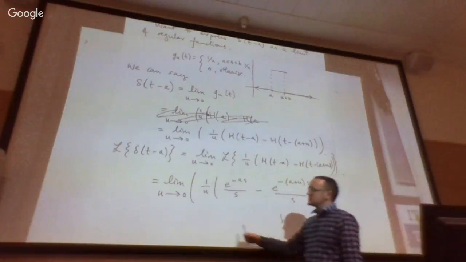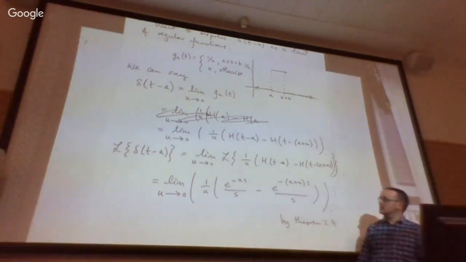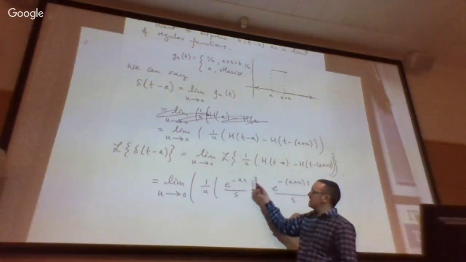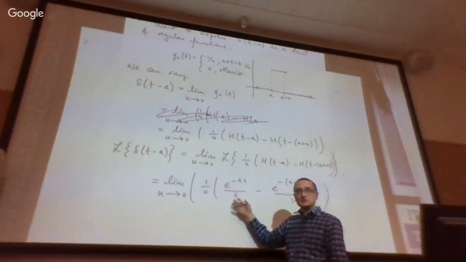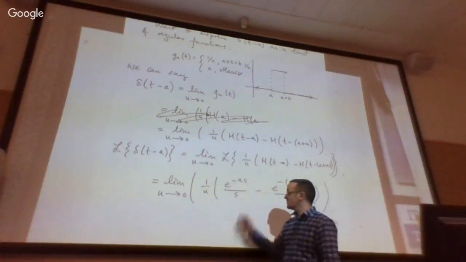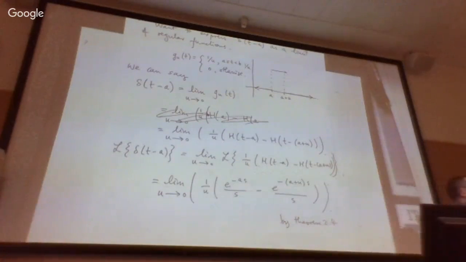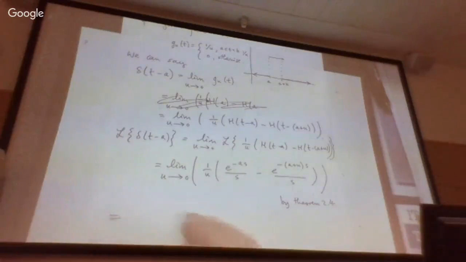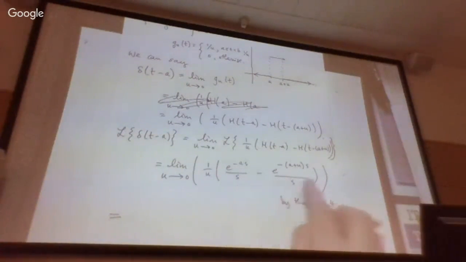But now we're faced with this limiting process of u, as u tends to 0. Anything that doesn't involve u will just act like a constant in terms of this limiting process. So if we can factor it out, we can push it outside the limiting process. And e to the minus as, we can get that as a factor of both terms.